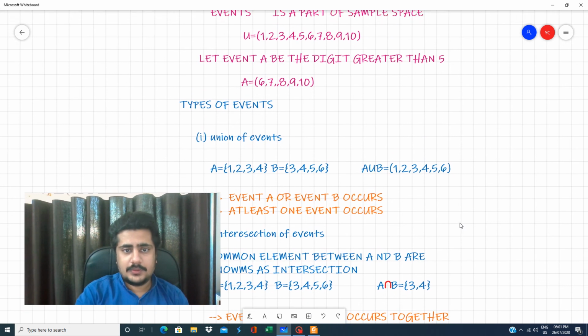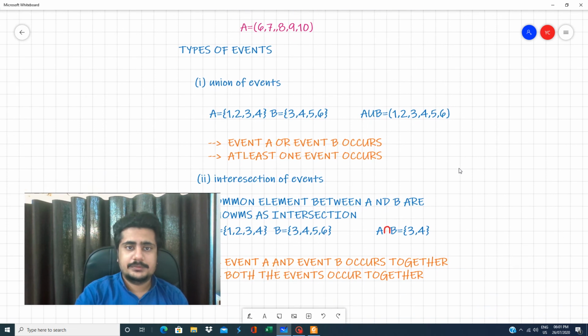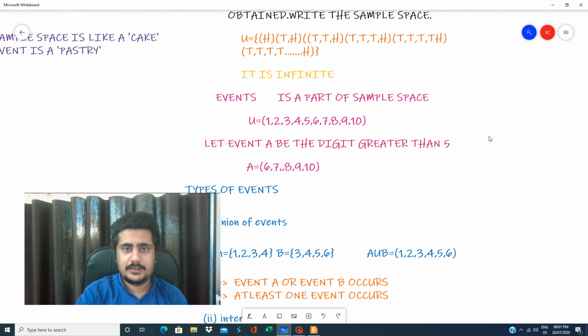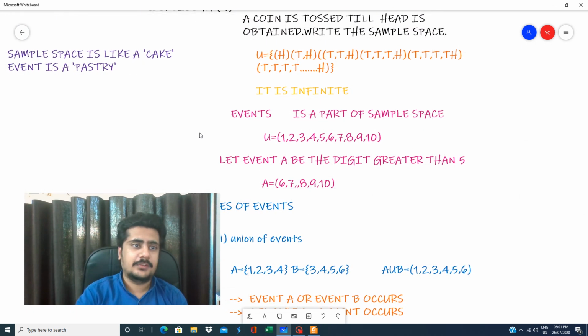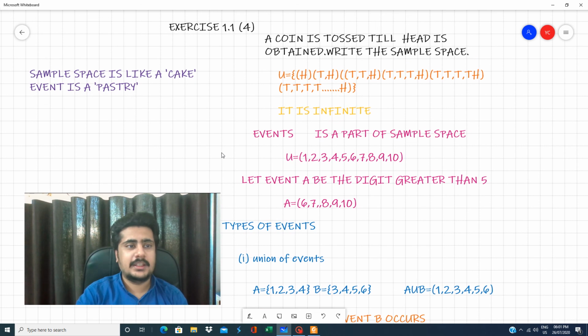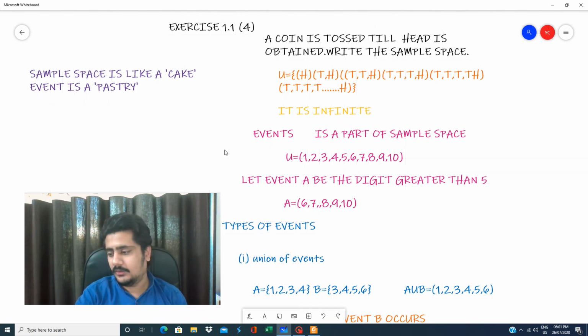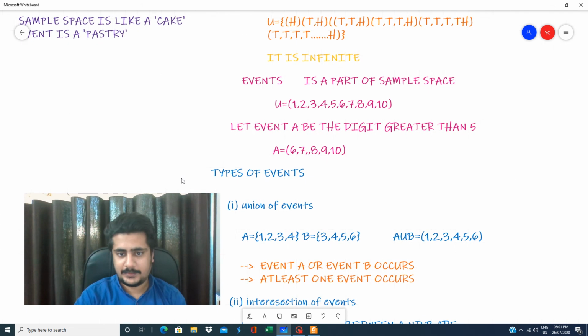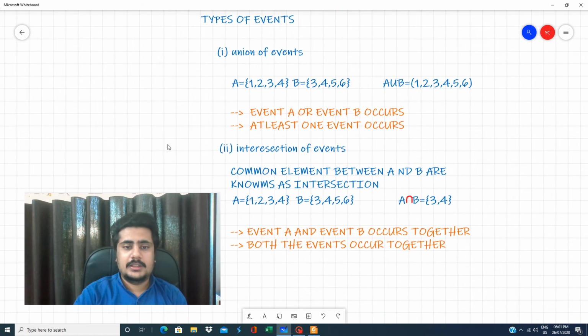In last lecture we have started the type of events. I told you what is event. If sample space is a cake, then event is a pastry. Sample space is the whole of the units, and events are a part of the sample space. And what are the types of events?